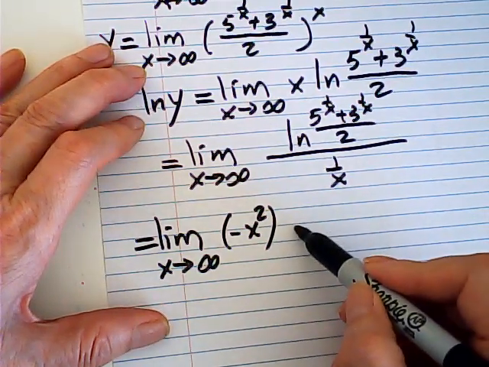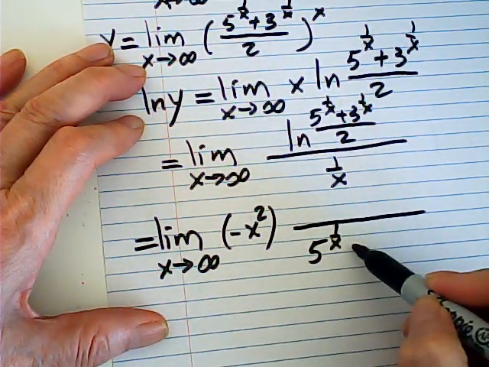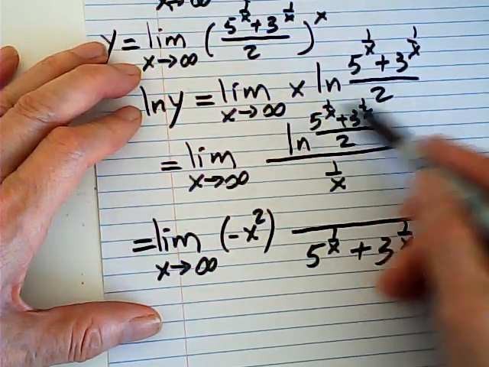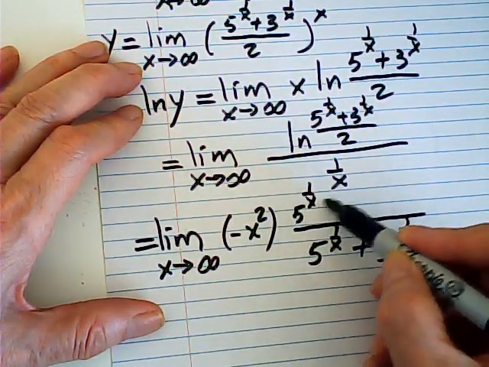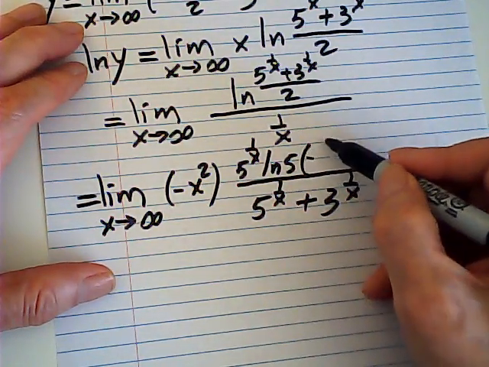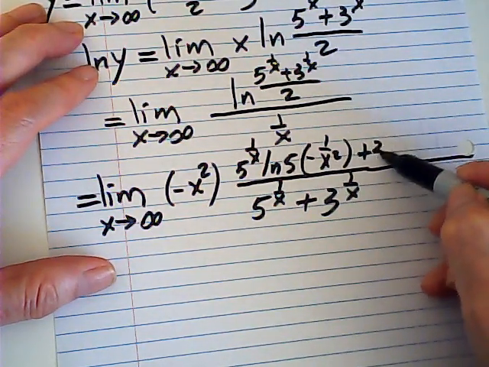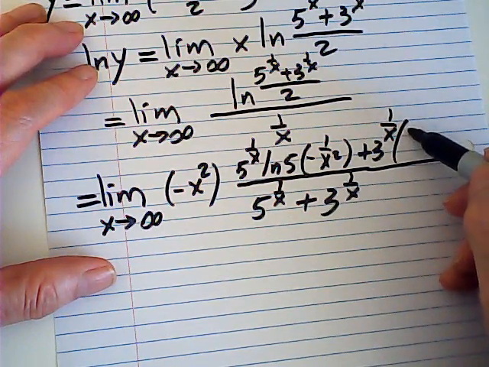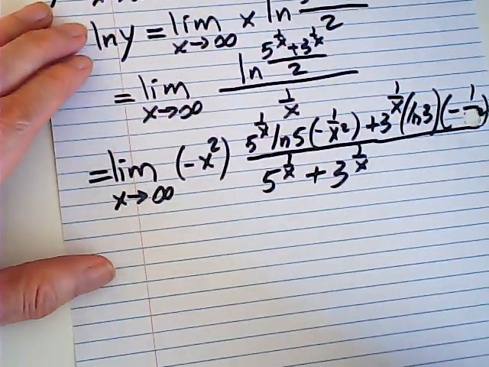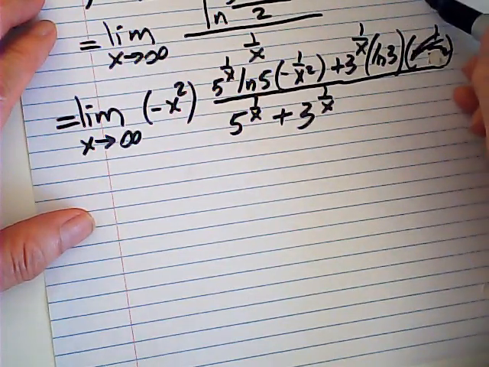So this becomes 1 over this, multiplied by the derivative of the numerator, which is 5 to the 1 over x times log 5, multiplied by the derivative of 1 over x, which is negative 1 over x squared, plus, similarly for that one, 3 to the power of 1 over x times log 3, times negative 1 over x squared.